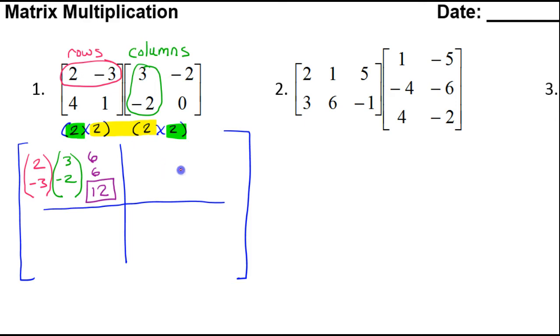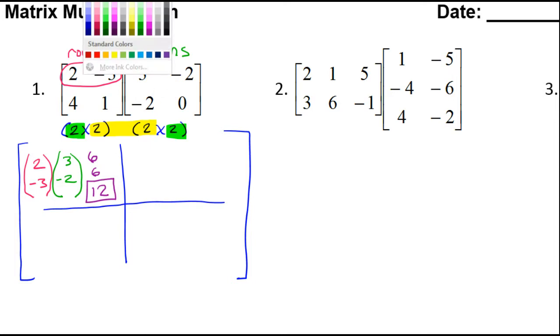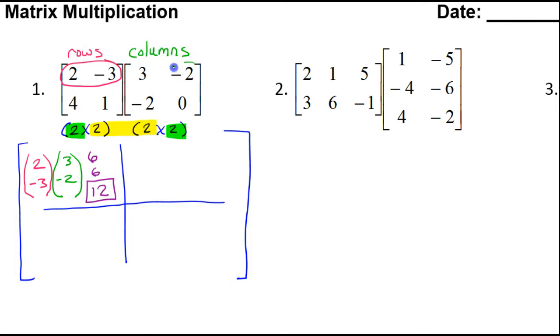Now, for this entry, I need to stop and think. This is the entry that is in the first row and the second column. That means I need to multiply the first row times the second column. Alright, so the first row, again, is 2, negative 3.